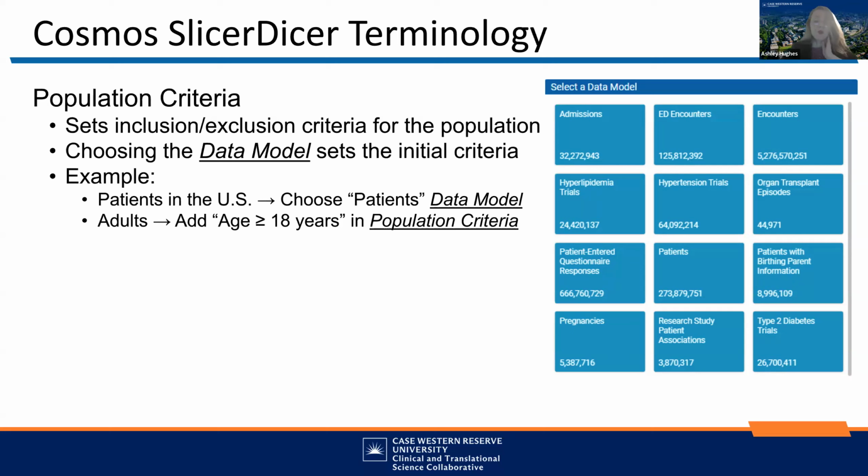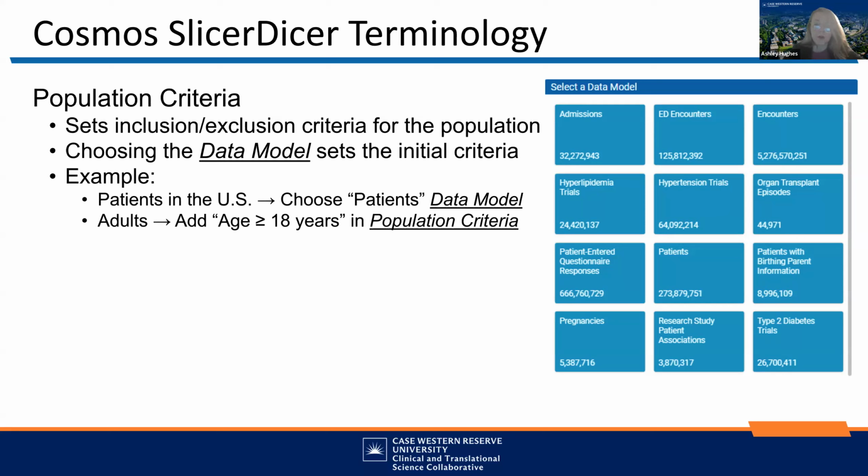You may have a research question that's more related to encounters, in terms of number of encounters that happen in a certain area, or medications prescribed by encounter. It really just depends on your research question. But the most frequently accessed, in my opinion, data model would be patients. So that allows us to get a count of, or better examine, the patients within Cosmos.